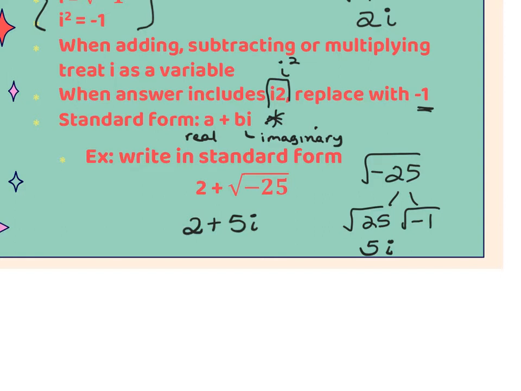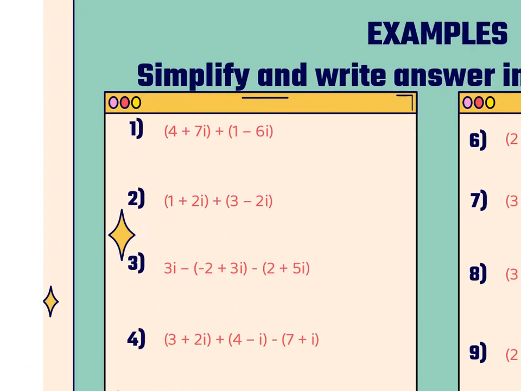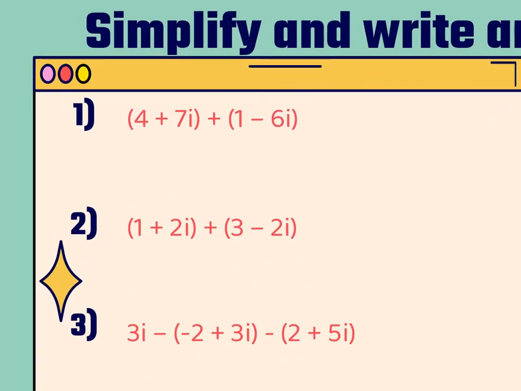Let's try some examples of adding, subtracting, and multiplying with the letter i, or the imaginary number. So here is my first example. It wants me to add these two imaginary or complex numbers that are written in standard form. Again, when we add complex numbers, all we need to do is add our like terms.